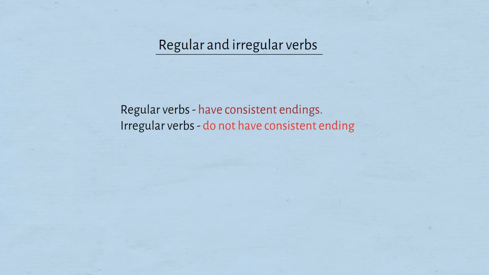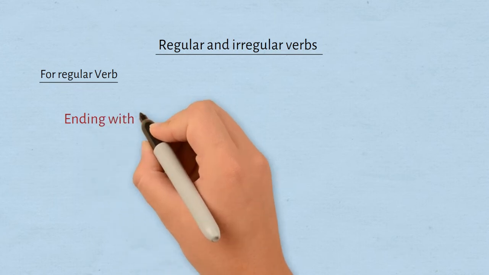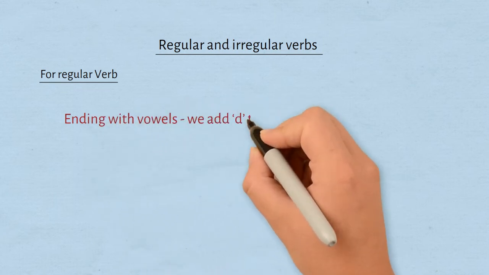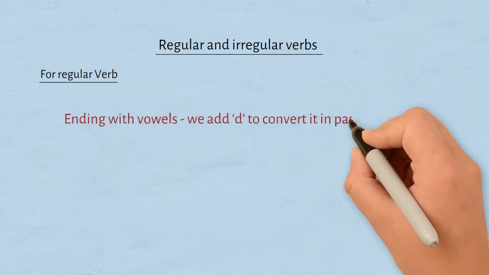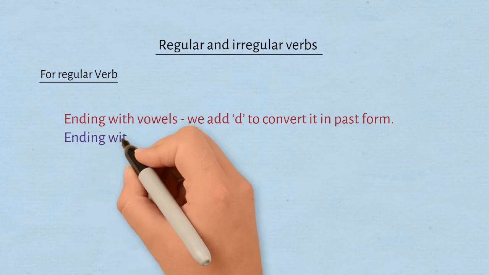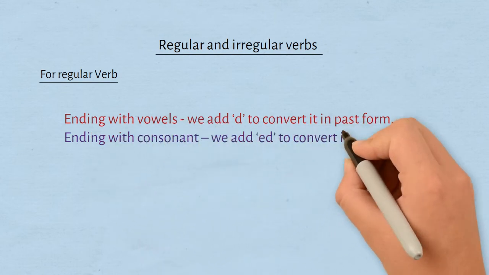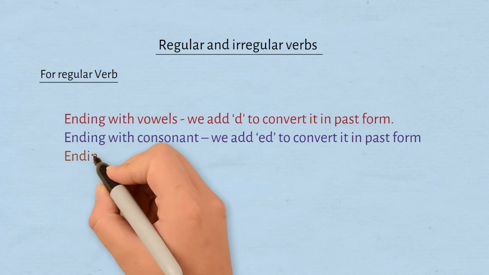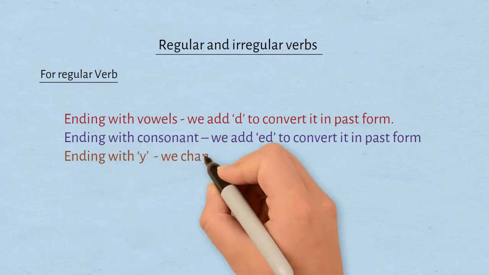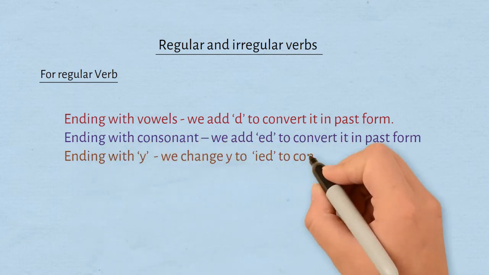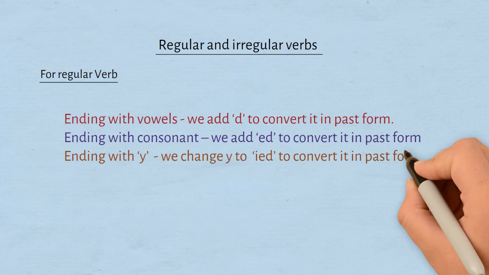For regular verbs ending with a vowel, we add d to convert it into the past tense. Ending with a consonant, we add ed to convert it into the past form. Ending with y, we change it to ied.